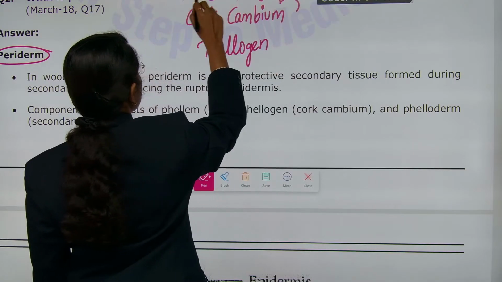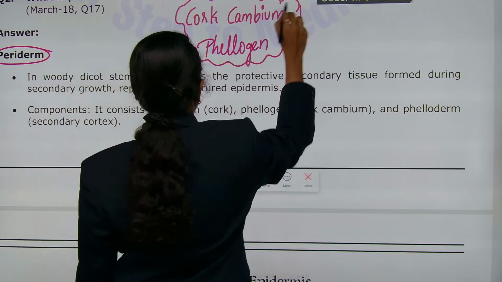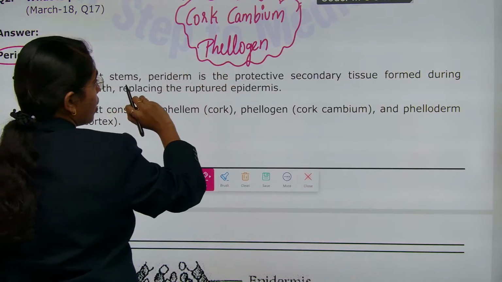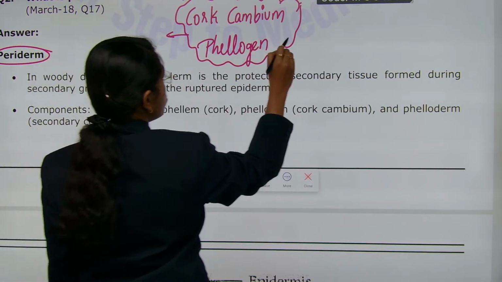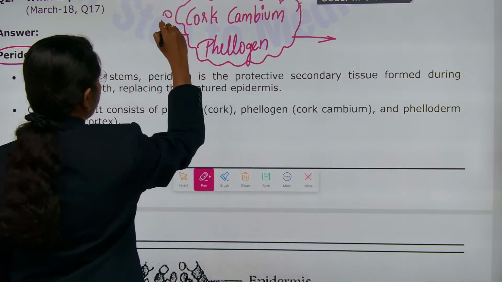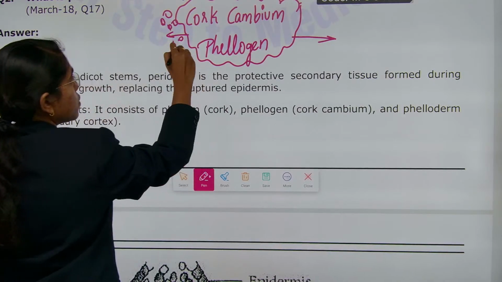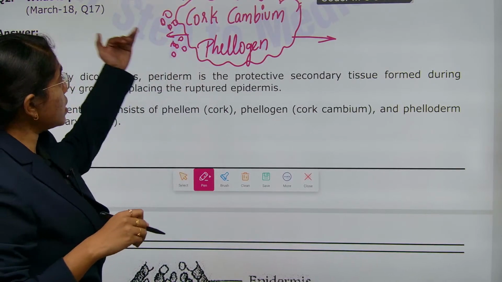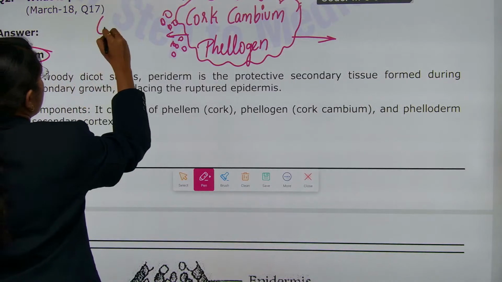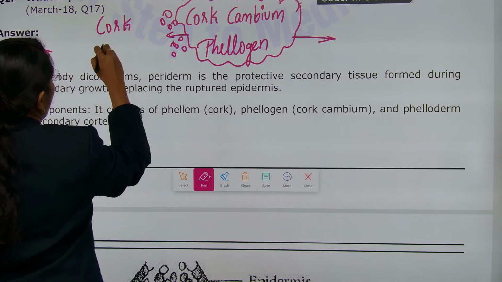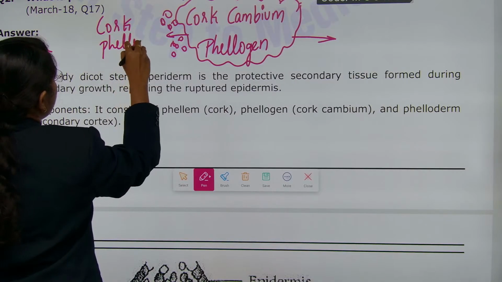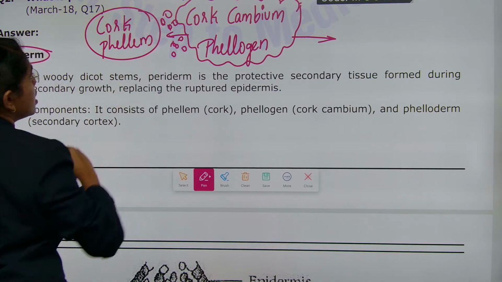This cork cambium will differentiate, and the new cells formed by its meristematic activity towards the epidermal region are addressed as cork cells or phellum.